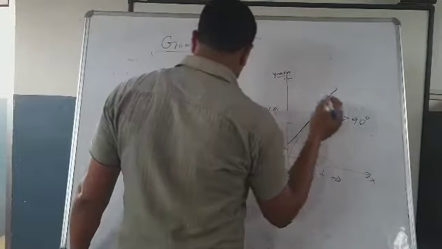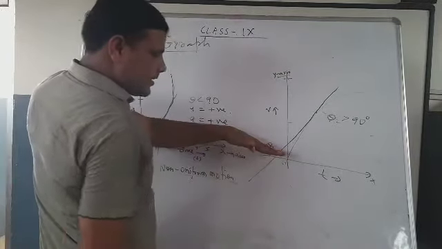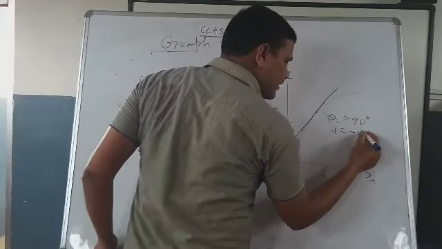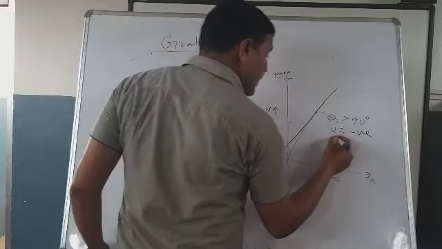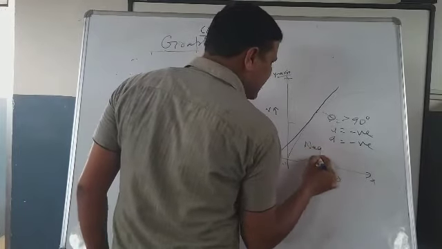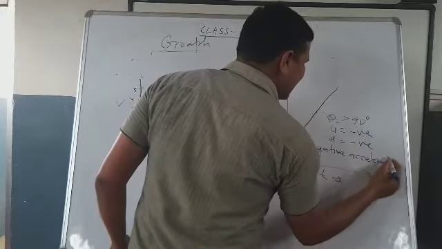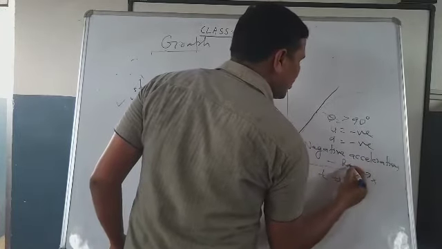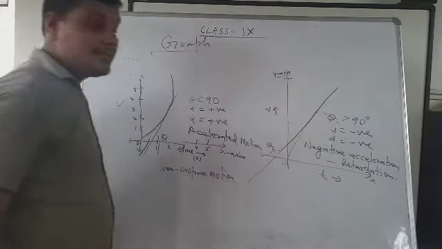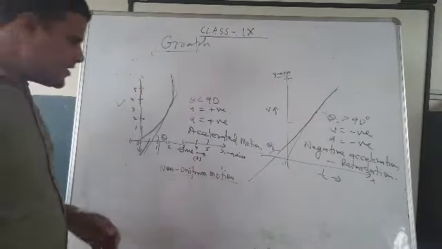But in the second case, if theta is more than 90, then u will be negative, a will be negative, and we can say it is a case of negative acceleration, or you can say retardation.